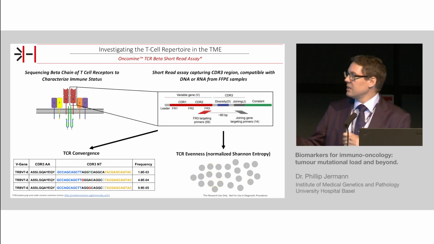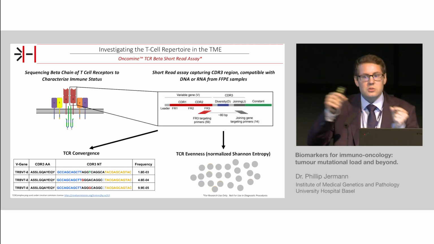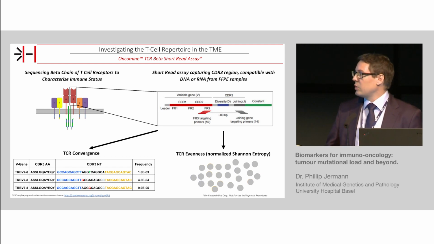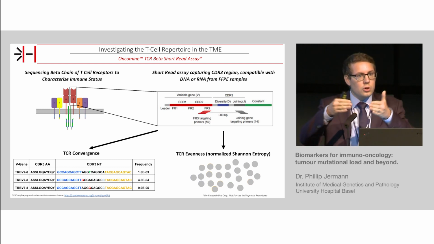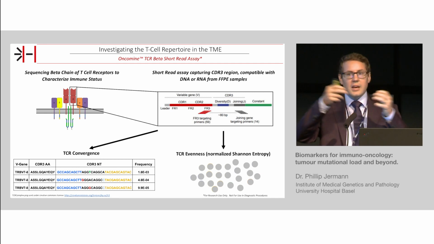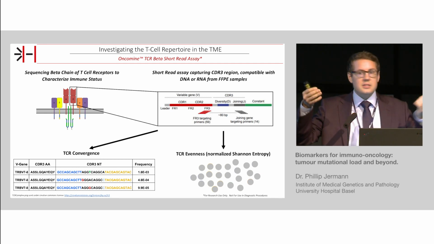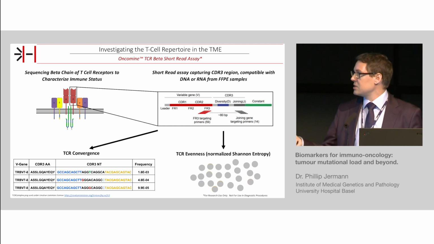In fact, this tells us that these are 3 different clones that, even though they have the same amino acid sequence, use different codons. So we can say there are 3 different clones that all converge towards the same antigen. Independently, they expanded within the T cell population to converge towards the same antigen. So this is the first metric.